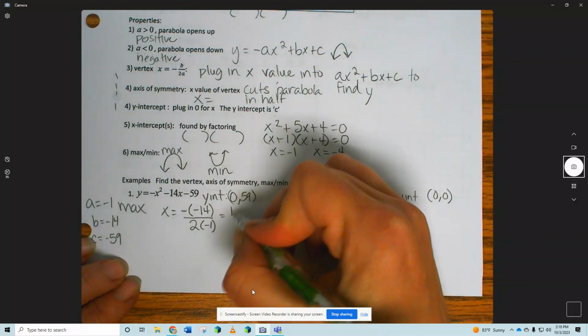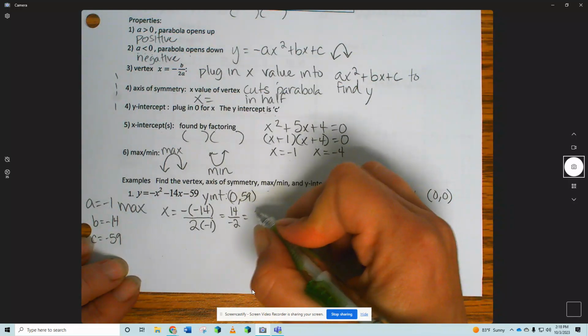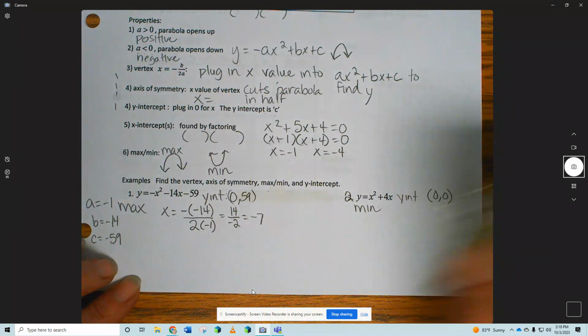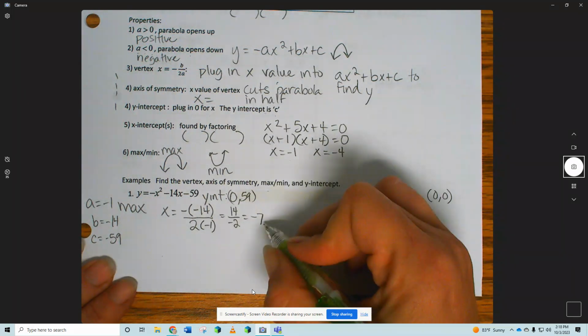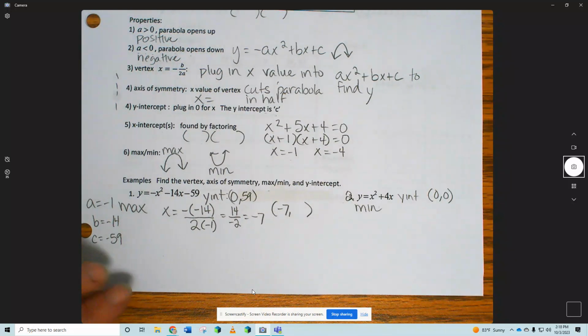That's going to be 14 over negative 2, negative 7. So my vertex is going to have x equals negative 7. Negative 7, comma, I don't know.